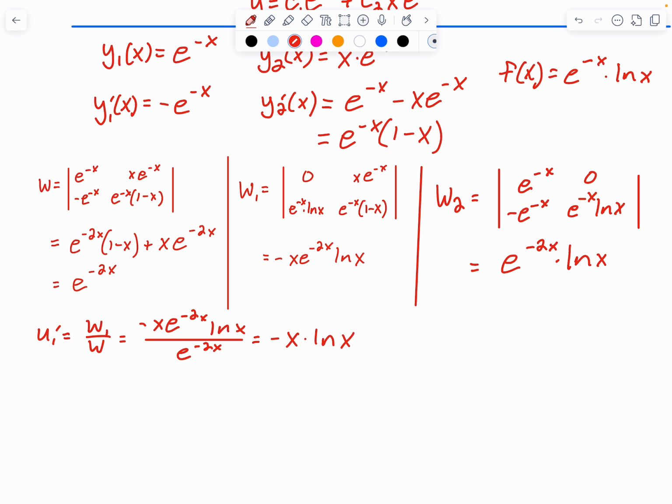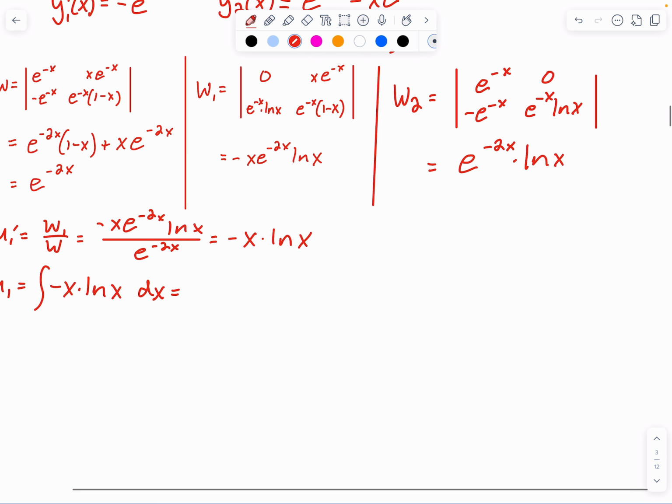All right, so we need to integrate from there. So to get u1, I'm going to integrate negative x times ln of x dx. Now this is going to take us a bit. It's going to take a u sub and then tabular. It's going to take two different things. So let's work through that.